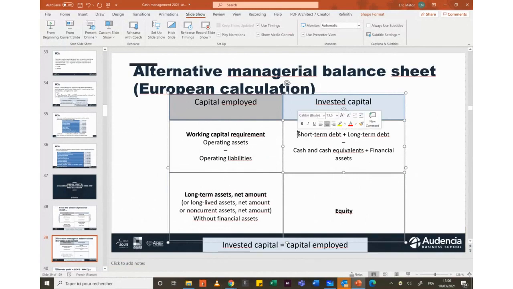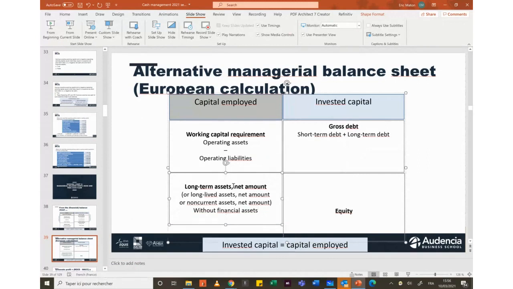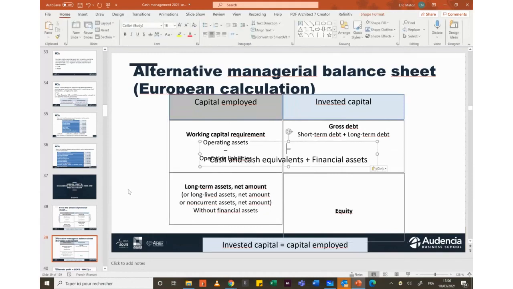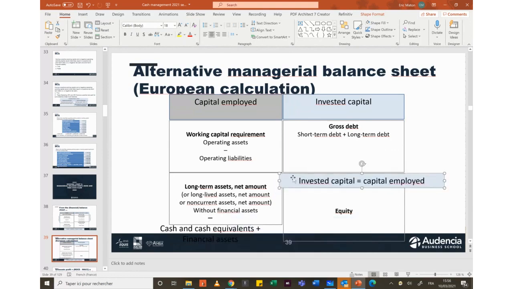So it's short-term debt and long-term debt, and I will keep the financial assets on the other side.